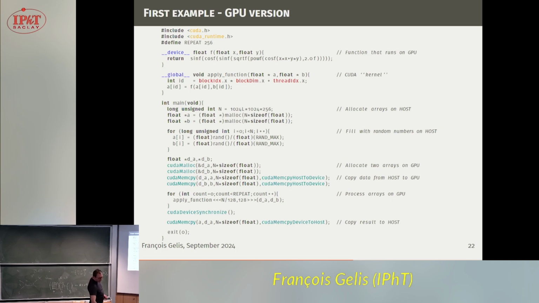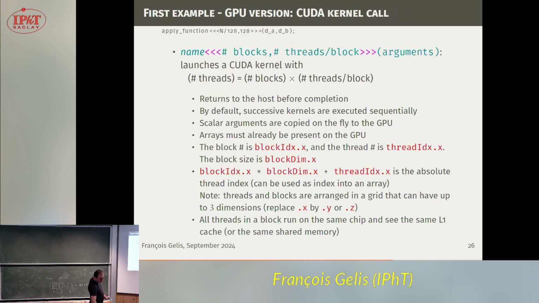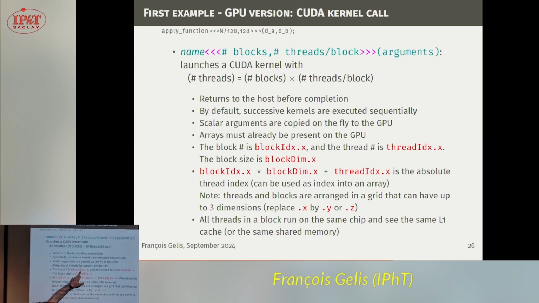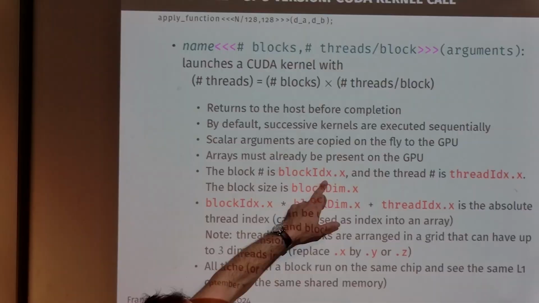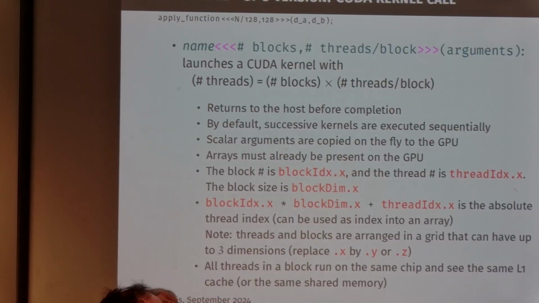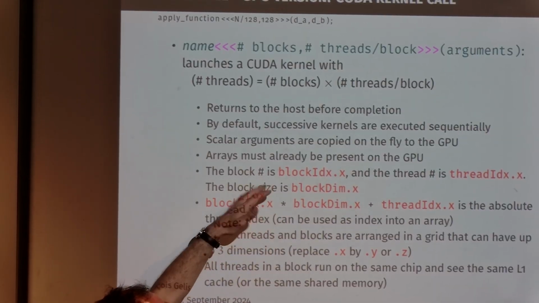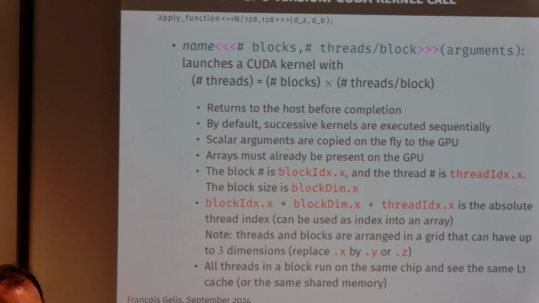So I want to explain the meaning of this variable. blockIdx.x, be careful, there is a capital I here, is an integer that enumerates the blocks from 0 to the number of blocks minus 1. Here the number of blocks is n divided by 128.